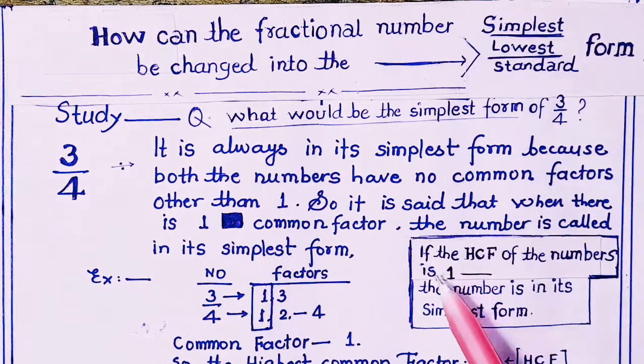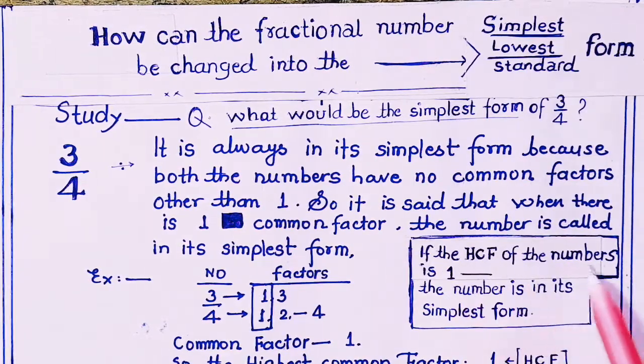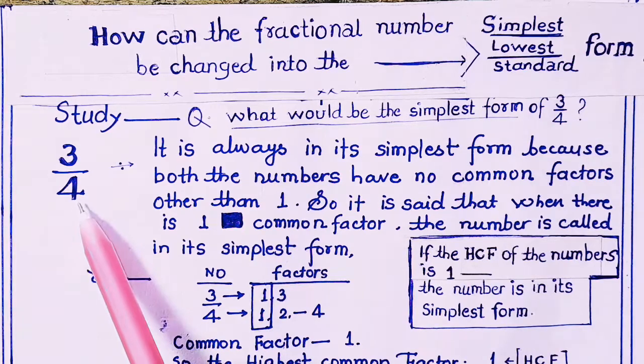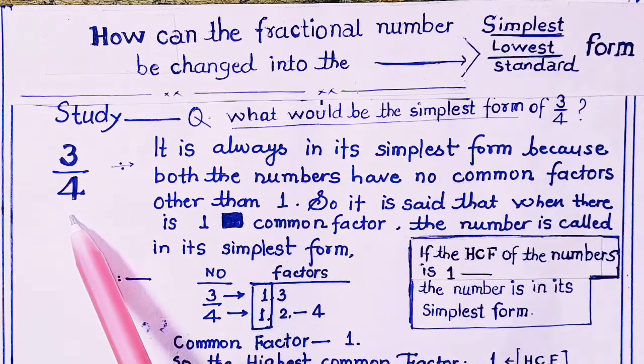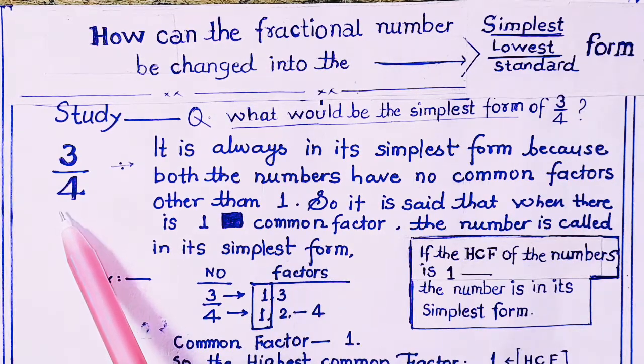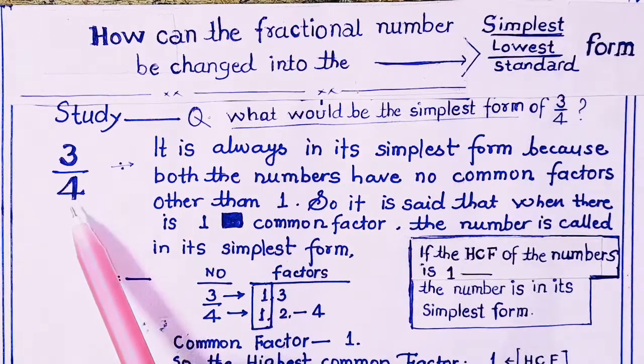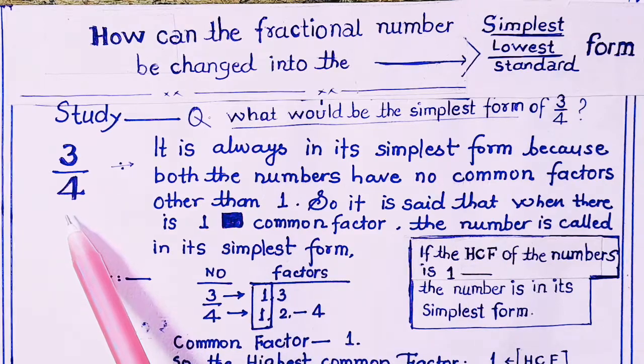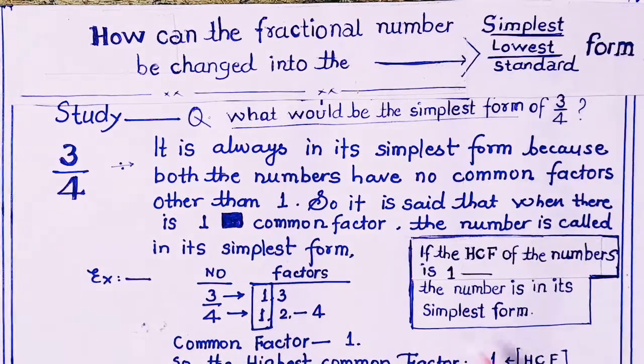So, if the HCF of the numbers is 1, the number is in its simplest form. The number 3 by 4 cannot be changed into a simpler form because it is always in the simplest form, because their common factor is 1, and also the highest common factor is 1.